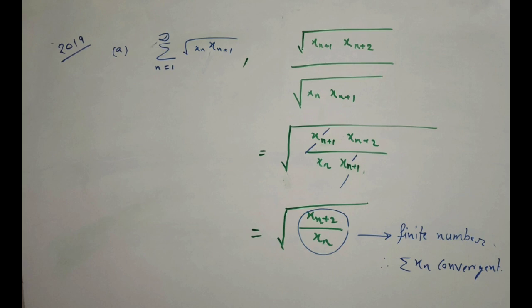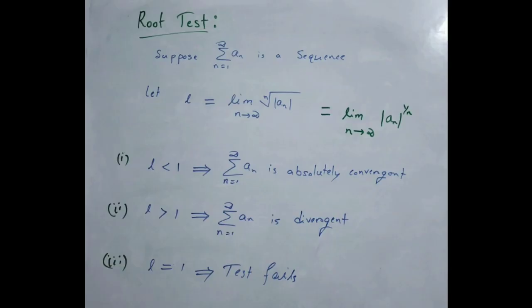So the term x_(n+1) will be removed, and our final term is root over x_(n+2) by x_n. Since x_n is convergent, x_(n+2) by x_n will be a finite number, so the root of this will also be finite as n tends to infinity. So by the ratio test, the given series is a convergent series.